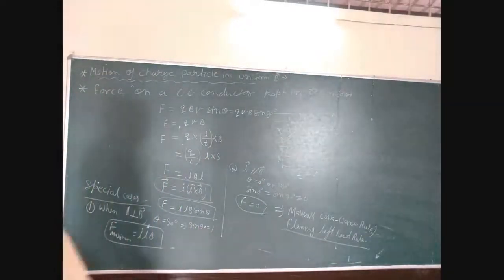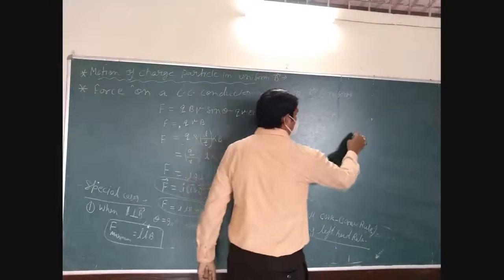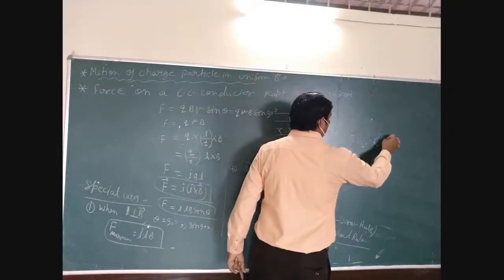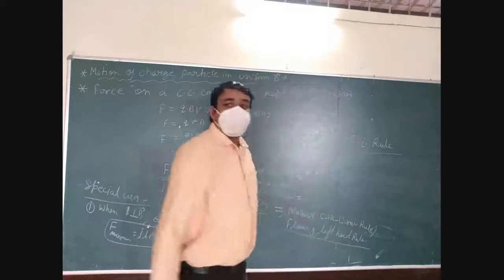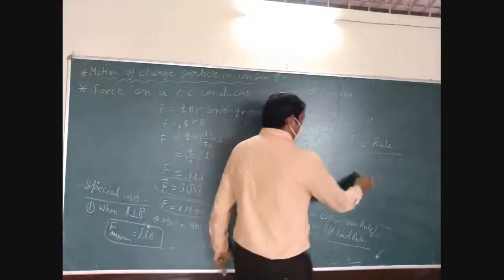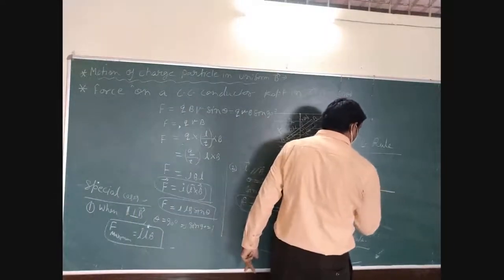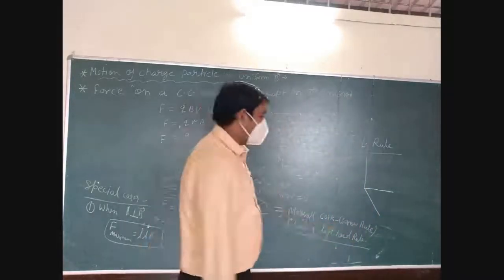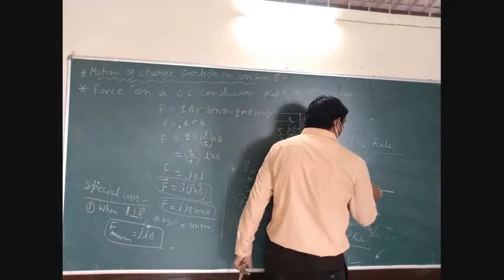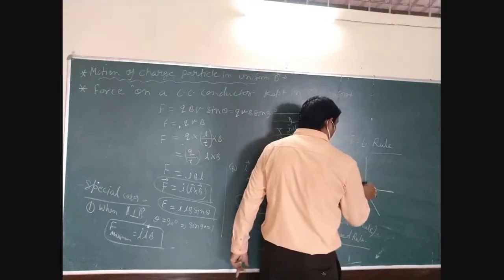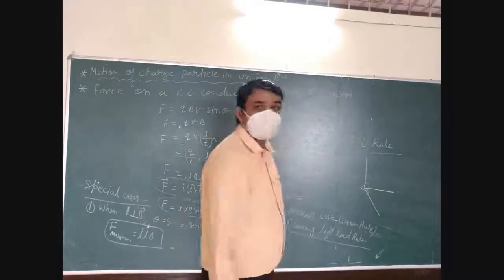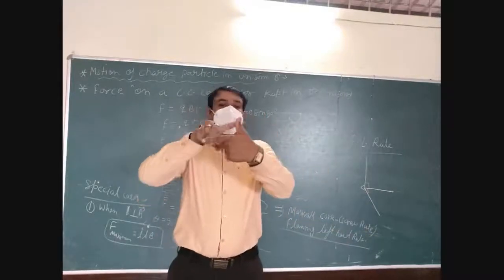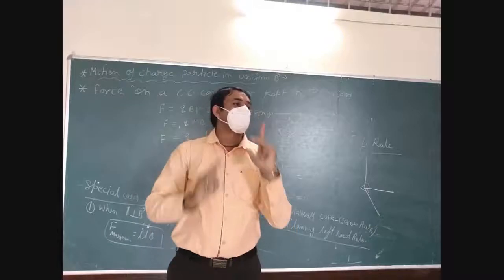According to Fleming's left hand rule, if we stretch our left hand in such a way that all three are at 90, these two are at 90 and these two also 90.